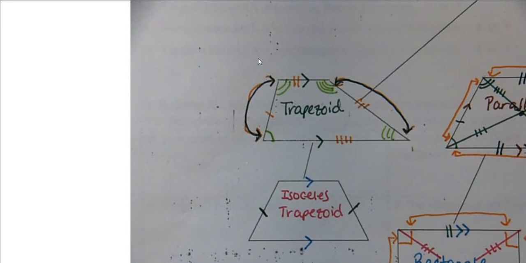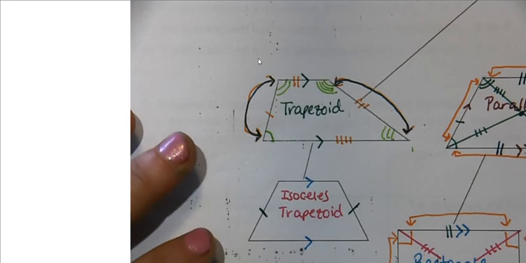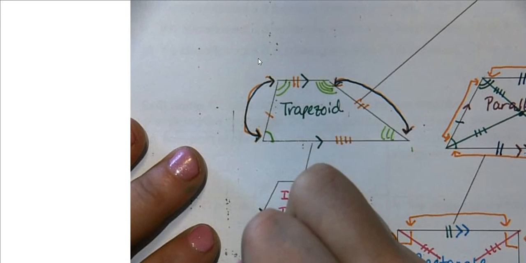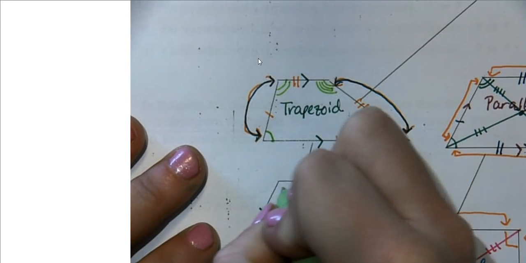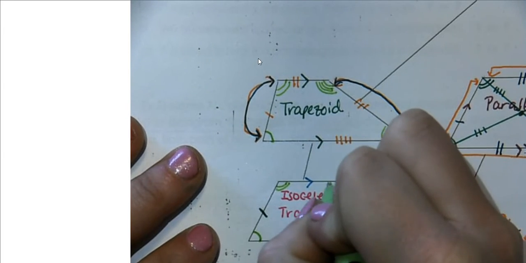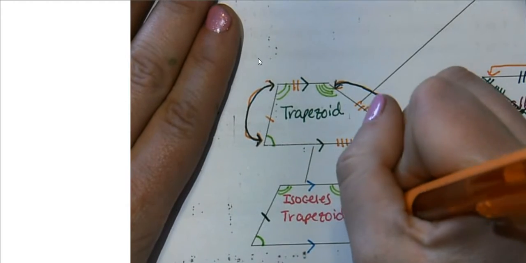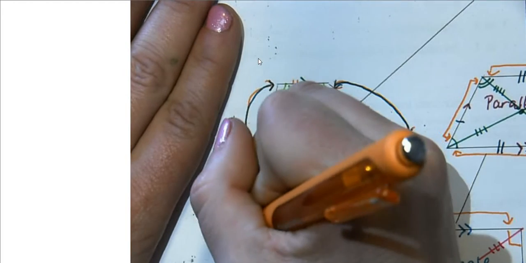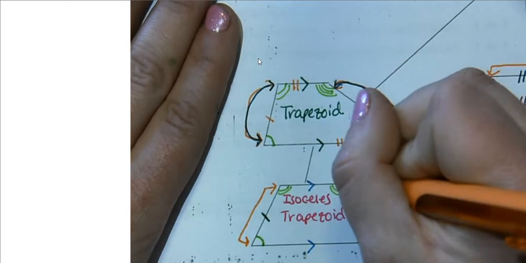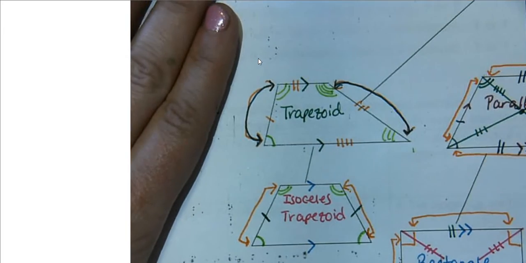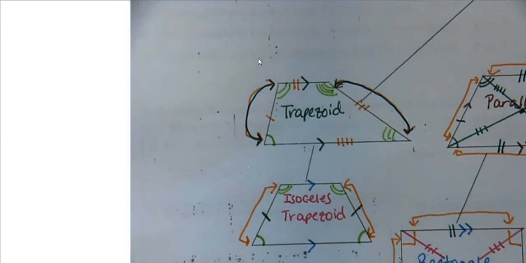In addition to that, the base angles are going to be congruent to each other. And those leg angles are still going to be supplementary because it's in between two parallel sides. And so they are consecutive interior angles.